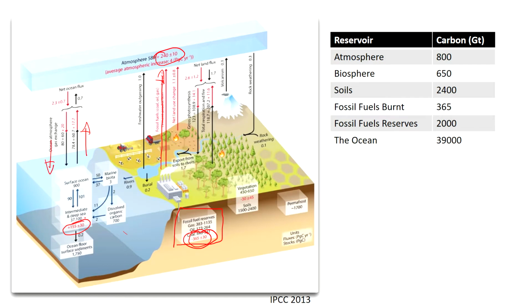So the capacity of the ocean to store carbon is really important. If you just look at the relative stocks of carbon in all the different reservoirs we have, you can see in this little summary table I've got over here on the right that the ocean is vast in terms of its capacity to store carbon compared to the other reservoirs.